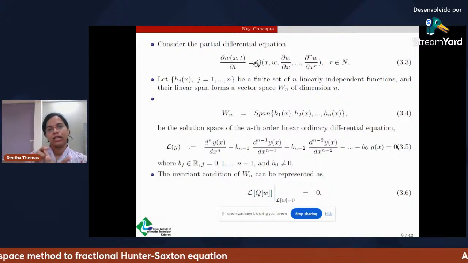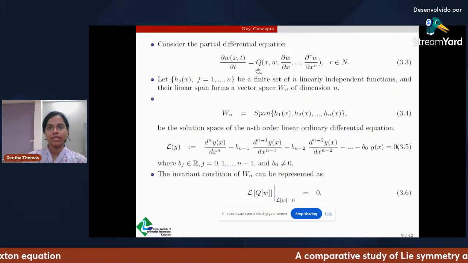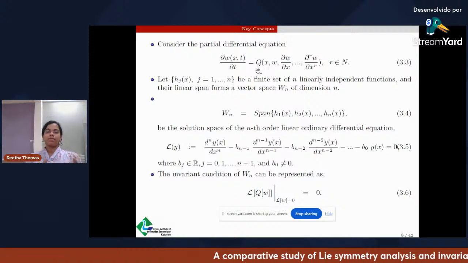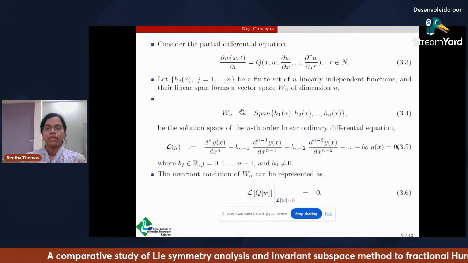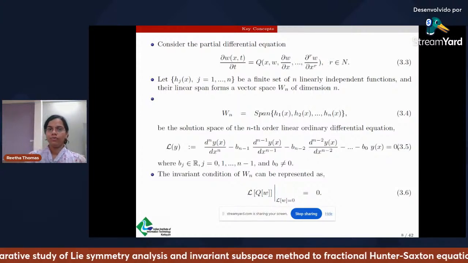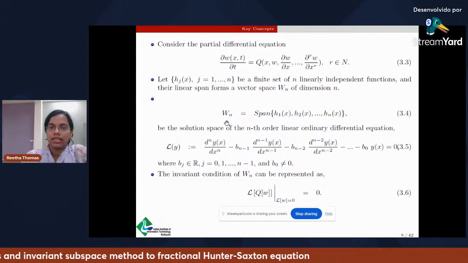That is in the RHS, a nonlinear operator Q is here, and the invariant subspace method is introduced by Galaktionov for PDEs, which is as here.